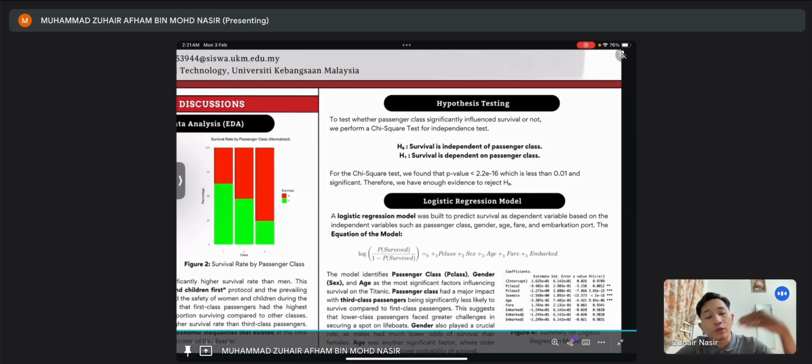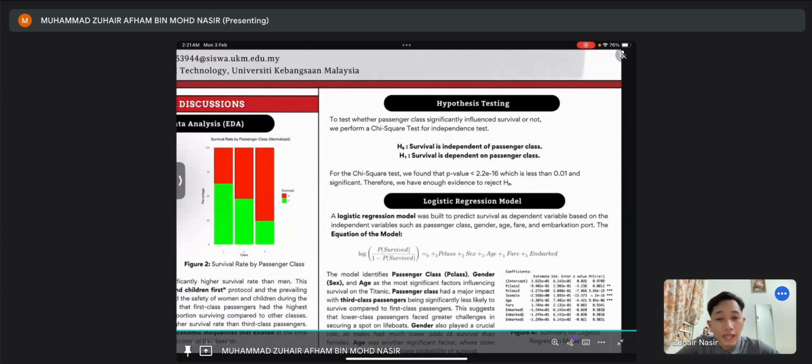And then after we did the analysis using R, our results show that the p-value equals 2.2e-16, which is less than 0.01, and it allows us to reject H null.